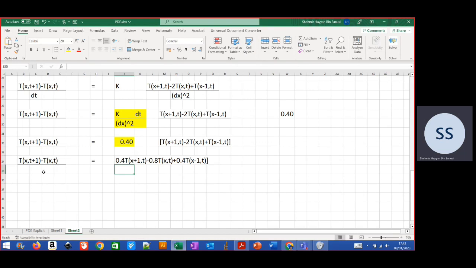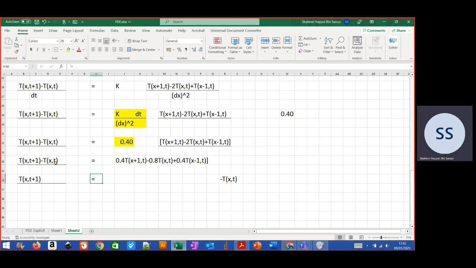Remember that previously we said that we want only T plus 1 for this term on the left hand side. So we bring these to the right hand side.